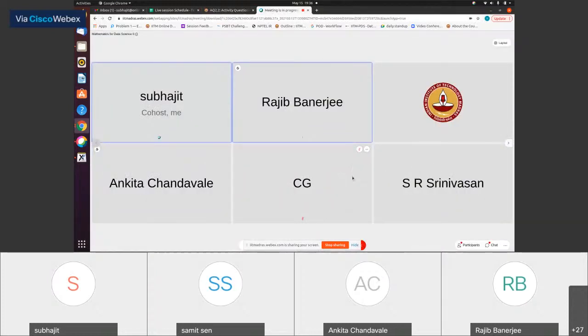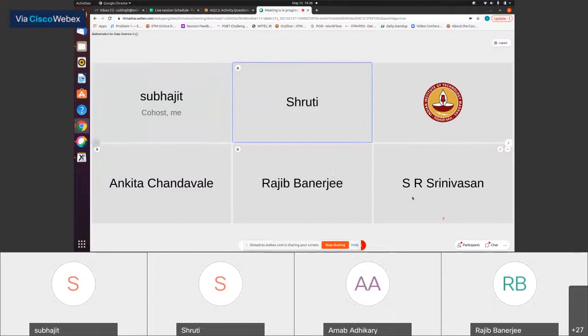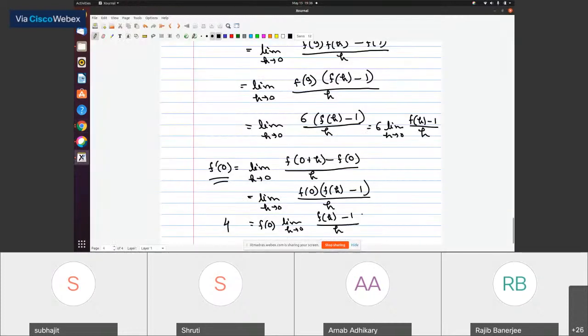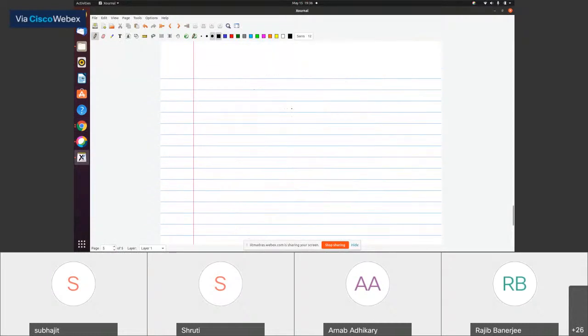Sir, I just had one conceptual doubt. Suppose we are talking about arbitrary functions f(x) and g(x). The function is a rational function like f(x) by g(x), and we are trying to evaluate the limit of the function as x tends to a.